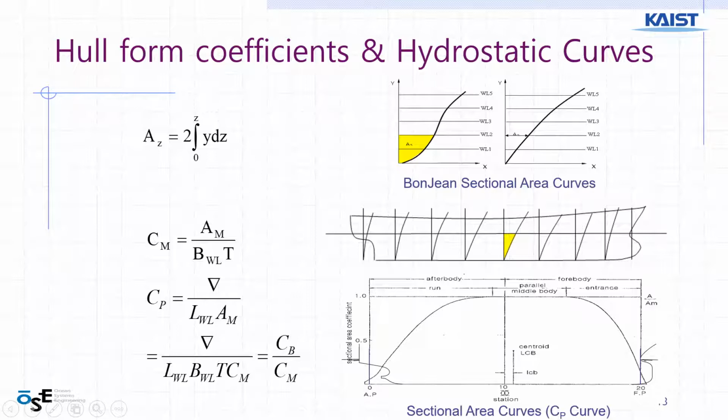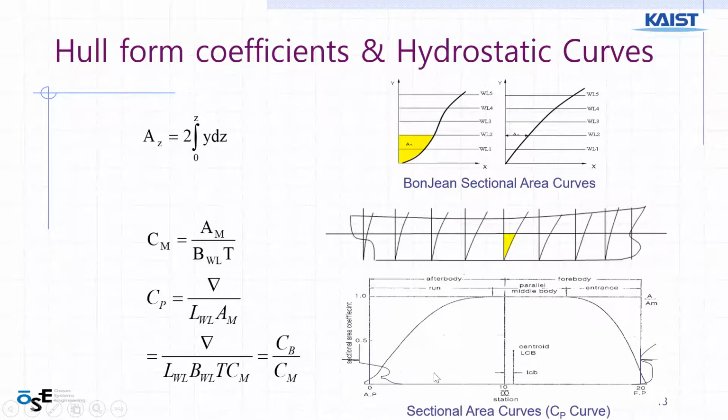This we call the sectional area curve, and this curve shows the area dimension. The vertical dimension, let me say Z or G, is the sectional area at a specific position along the length. This is the length of the ship.